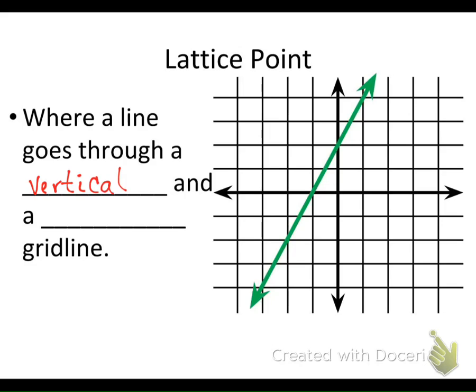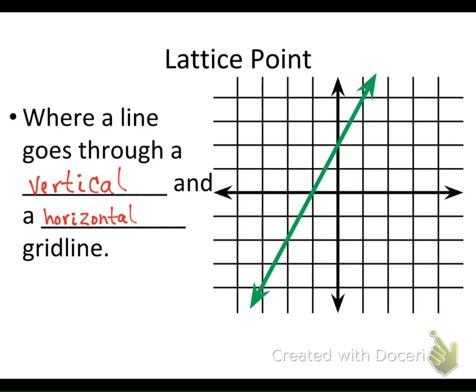And then, lattice points is where a line goes through a vertical and a horizontal grid line. So it's right where that line intersects the very corner of the grid line.